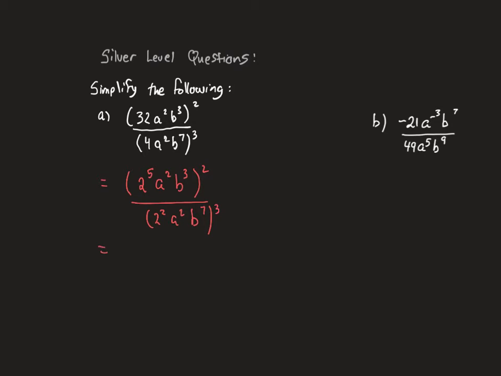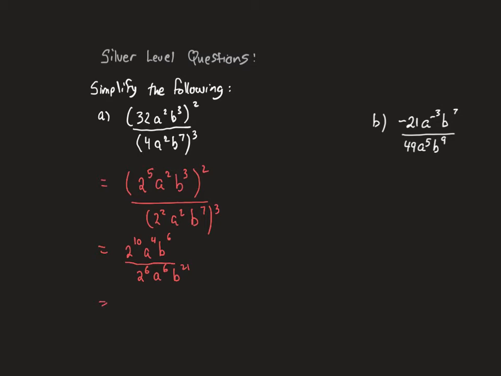Okay, apply my rules. So it's going to be 2 to the power of 10, a to the power of 4, b to the power of 6, over 2 to the power of 6, a to the power of 6, and b to the power of 21.